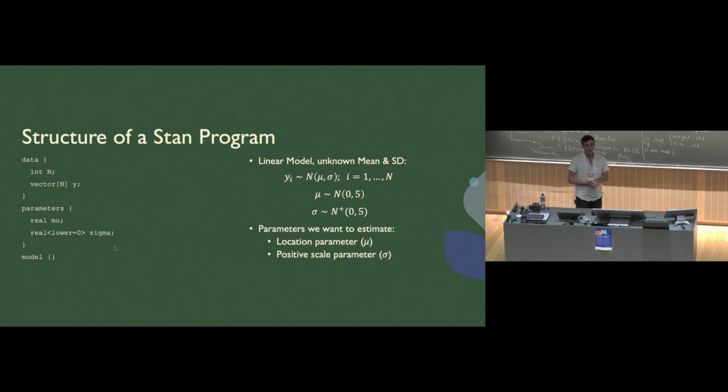Now Stan has some quite helpful constructions. One of them is this idea of constraints. You can see here that we've specified a lower bound. Lower is equal to 0. So you can specify a constraint on your parameter like this, specify your prior as normal, and Stan will take care of making sure that the values only take positive values. On the back end, it transforms your samples to an unconstrained space, so negative infinity to infinity.